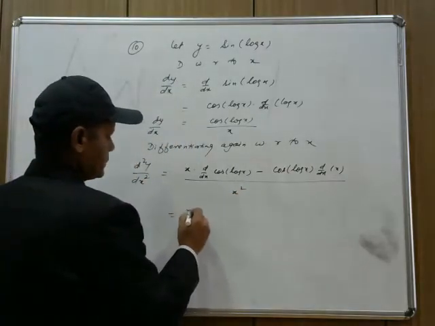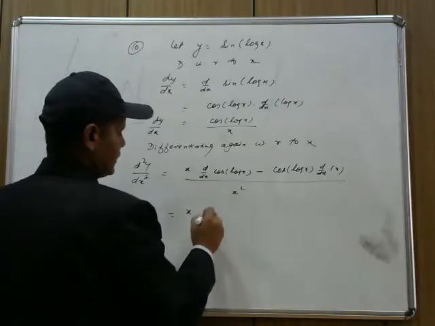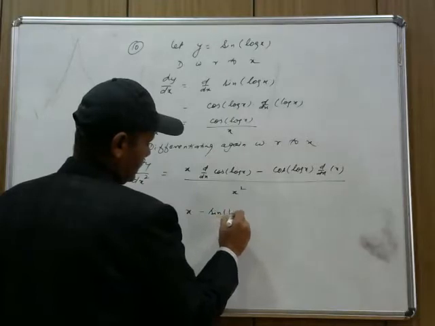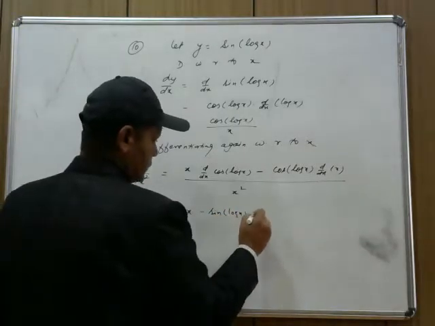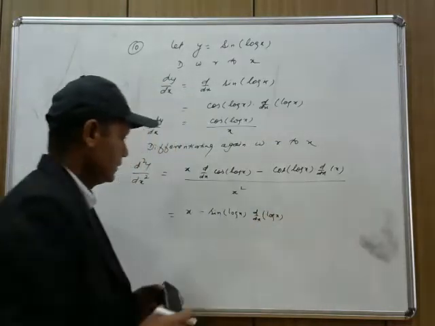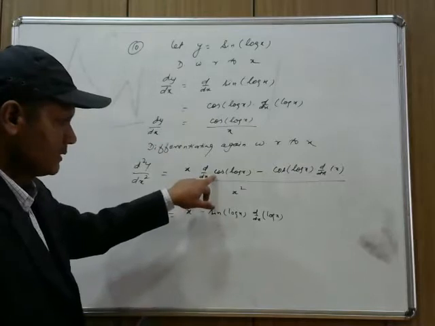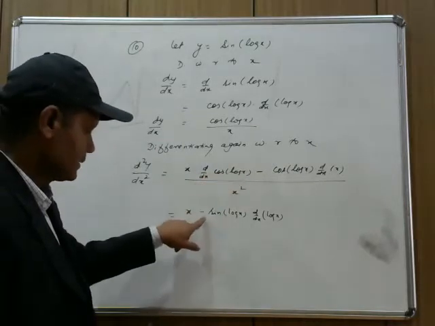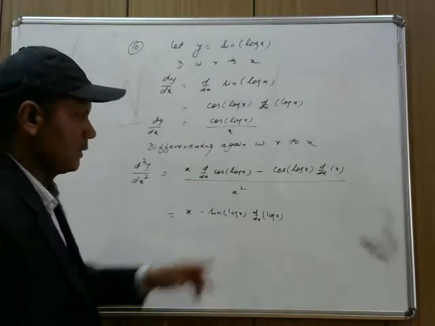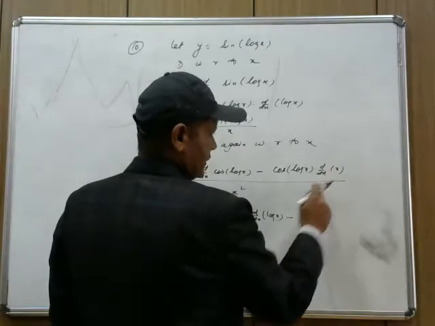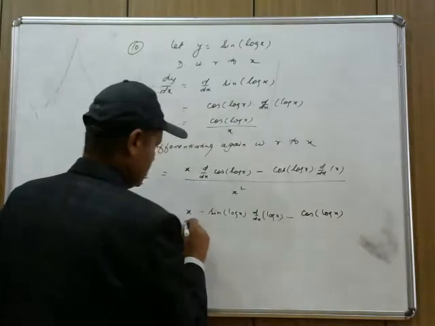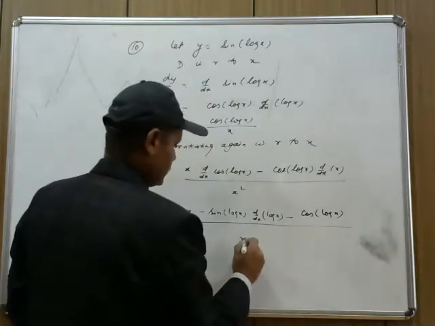So now this will give you x into differentiation of cos log x, which is minus sin log x into differentiation of log x, minus cos log x, since differentiation of x is 1, whole divided by x square.